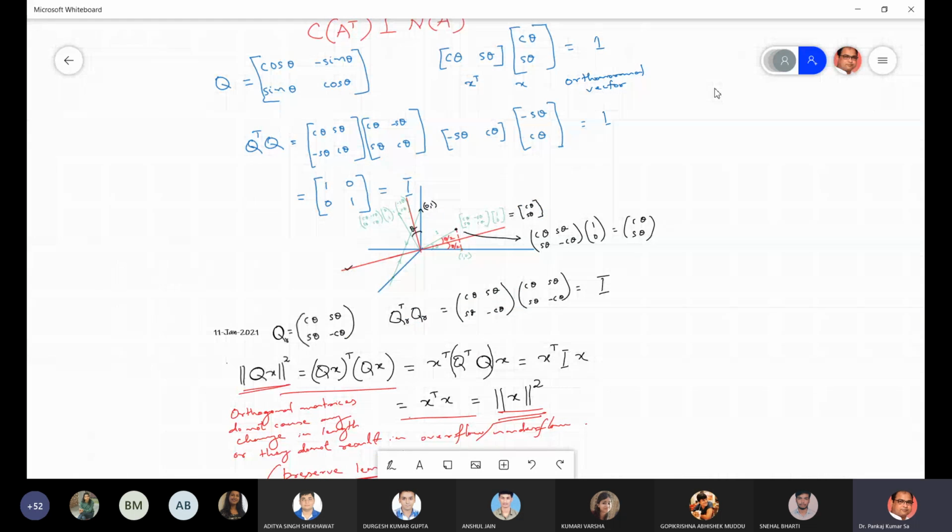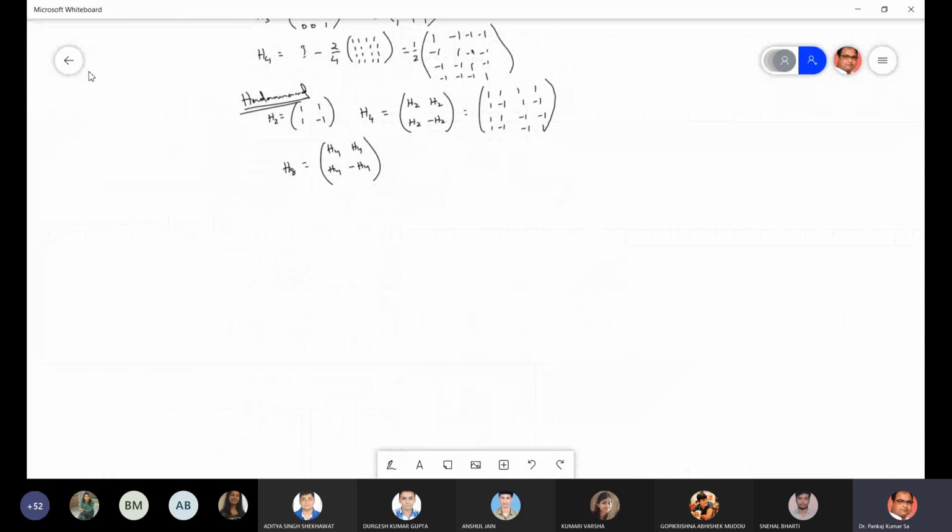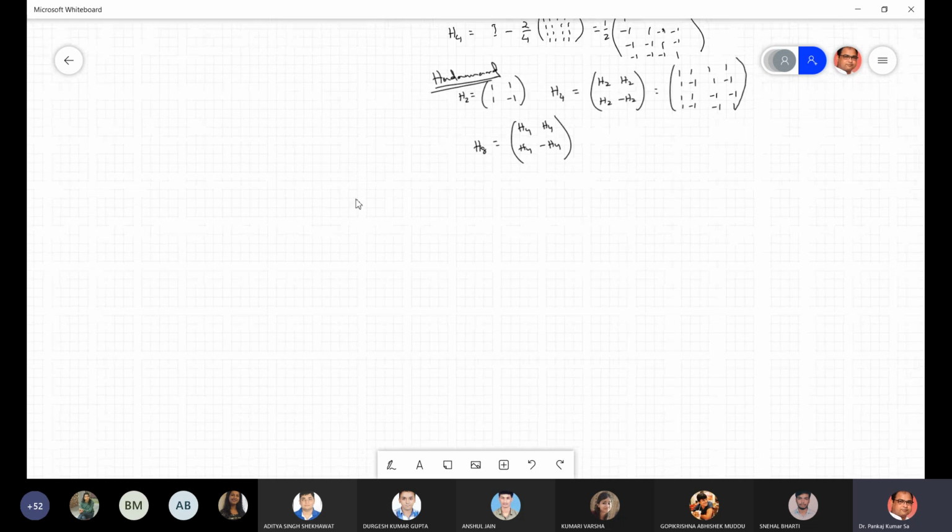It is better to write a few more properties of Q. I should have written them at the beginning of the class itself.